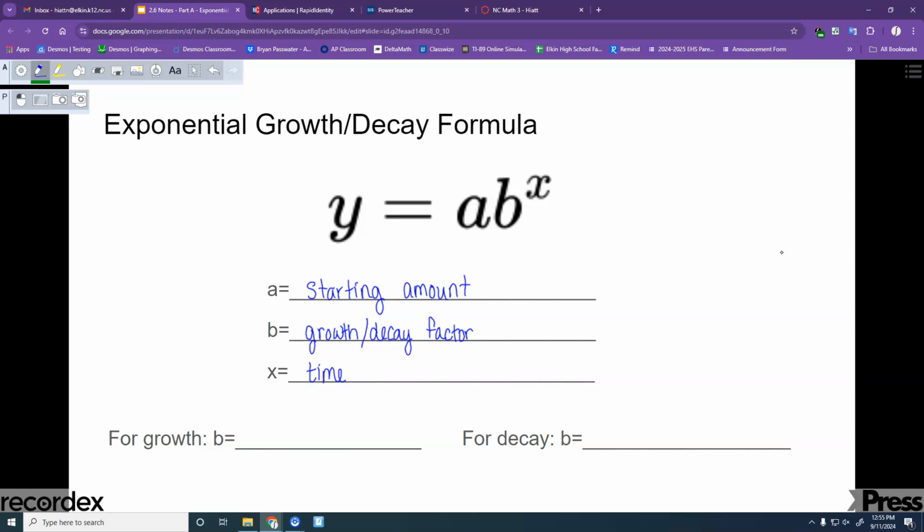Now, this growth or decay factor that we have for b, we have to figure out what that value is going to be. For our growth factor, whenever we have growth, to find that b, we're going to do 1 plus the rate as a decimal.